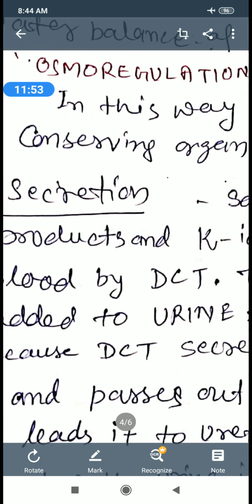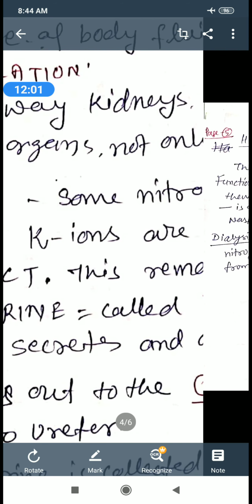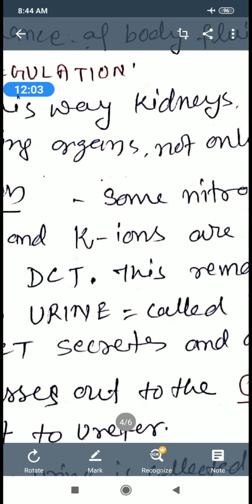Now the third function of nephron is secretion. Some nitrogenous waste products, urea and K ions, are removed from the blood by DCT.